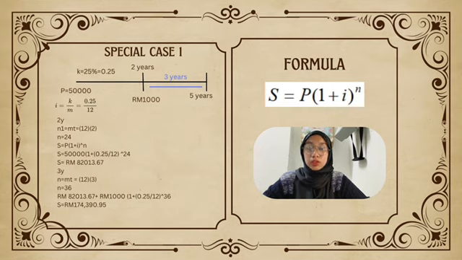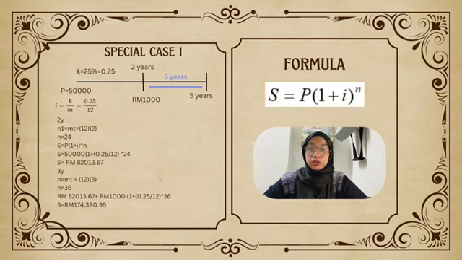First of all, look at the values given. P, which is the principal amount, equals 50,000 ringgit. K, which is the interest rate, equals 25% or 0.25. T, which is the time period, equals 2 years. i, which is K per M, equals 0.25 per 12. n, which is M multiplied by T, equals 12 multiplied by 2, which gives us 24. Use the formula S equals P bracket 1 plus i bracket to the power of n.